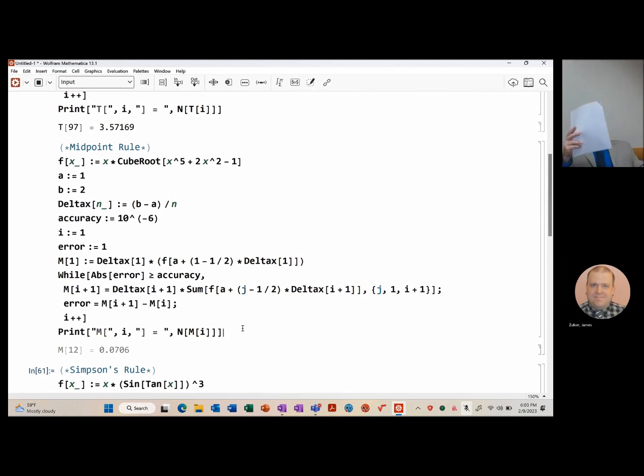What do we think here? Last time we went from 15 to 12. How many subintervals is midpoint going to take here? Slightly higher. 75. Higher. Higher. 77.